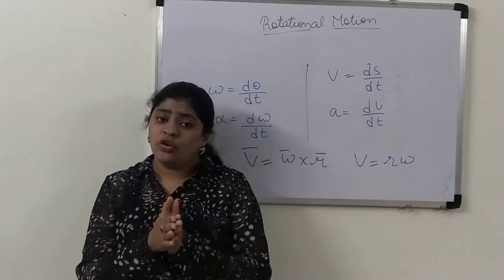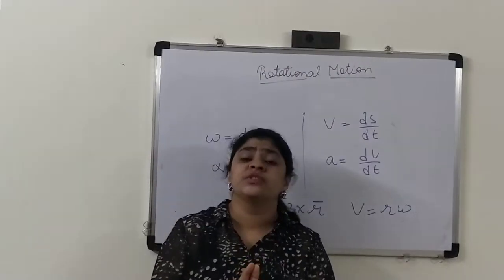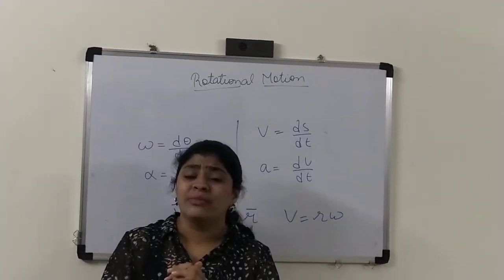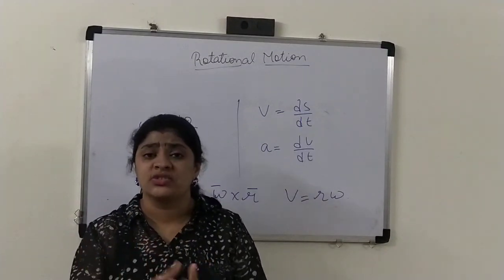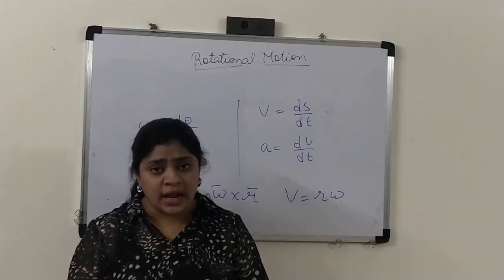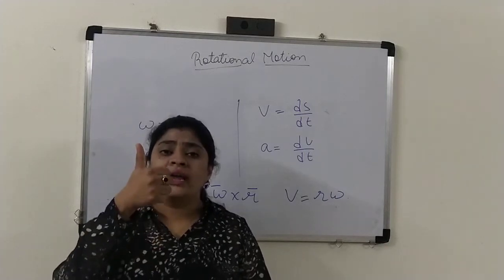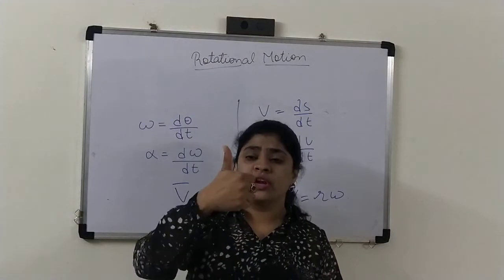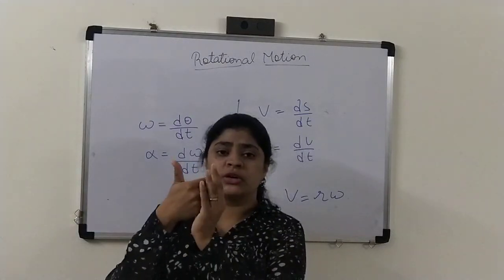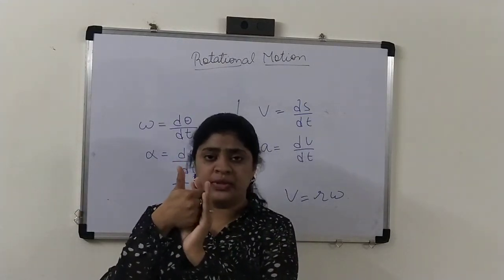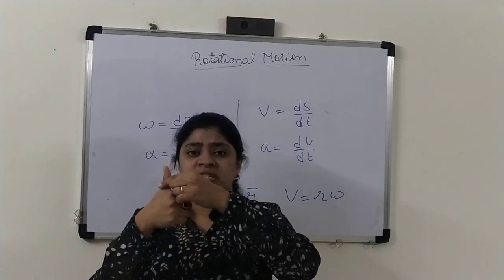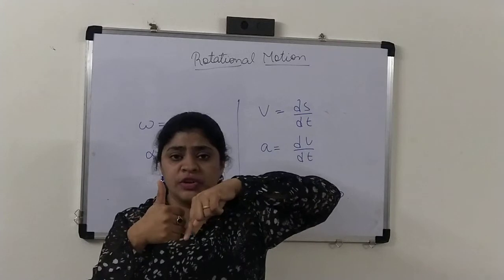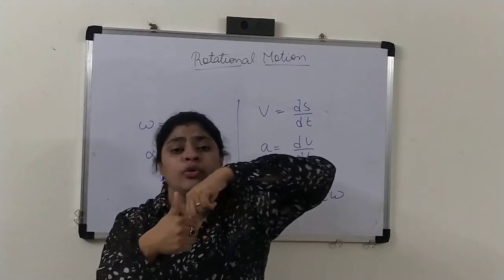Now the direction of omega is always determined along the axis of rotation. How will you recognize the axis of rotation? It can be given by the right hand thumb rule. Raise your thumb, and these fingers are curled in. The thumb gives you the direction of omega, and the curled fingers give you the rotation.